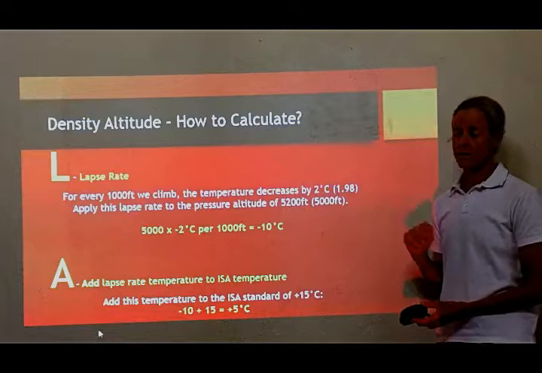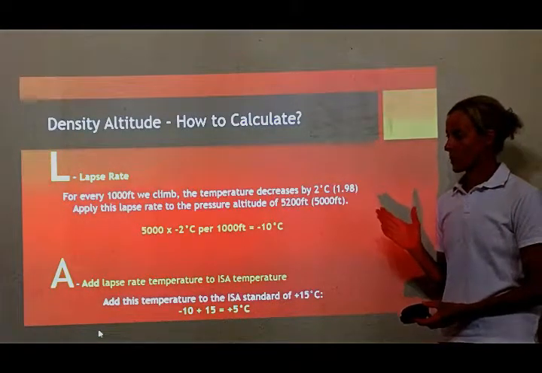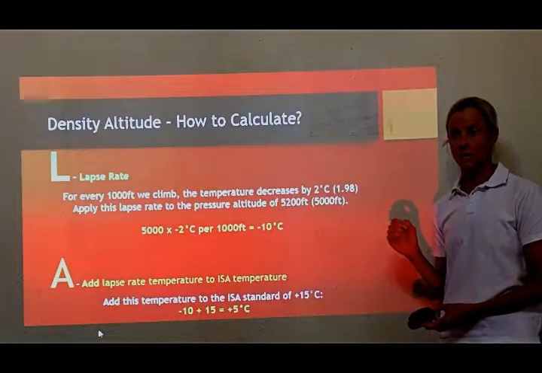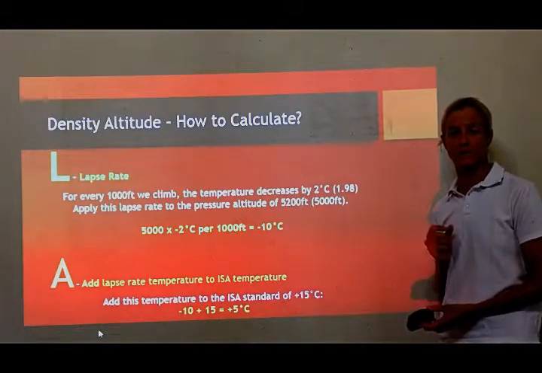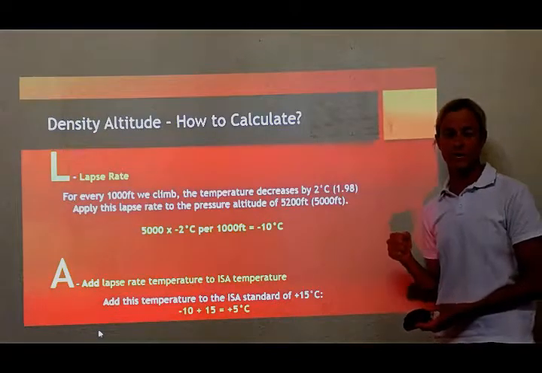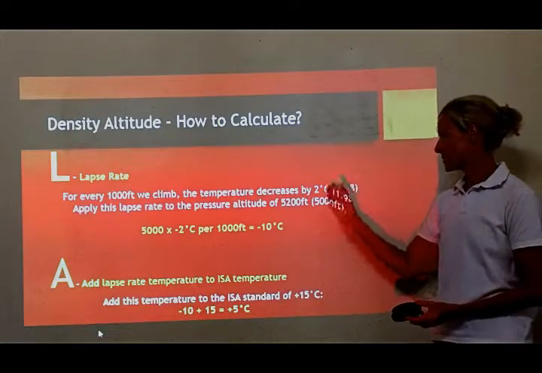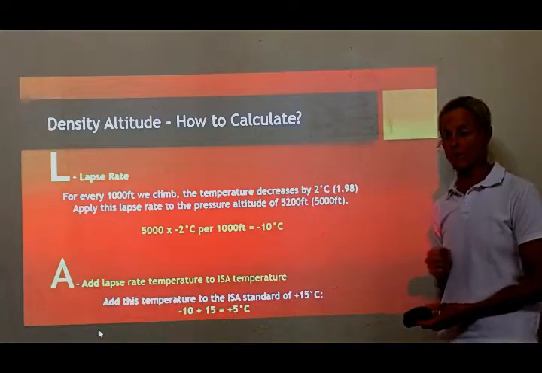Okay, then we need to work on the lapse rate. So now we want to try and work out what is the temperature according to ISA conditions at 5,000 feet. As we know, the temperature is reducing by 1.98, or rounded to 2 degrees per 1,000 feet.